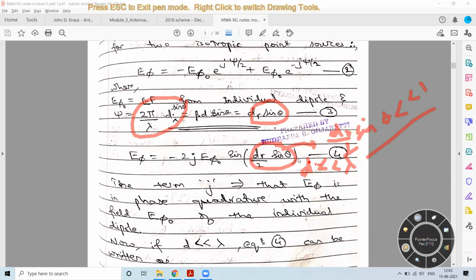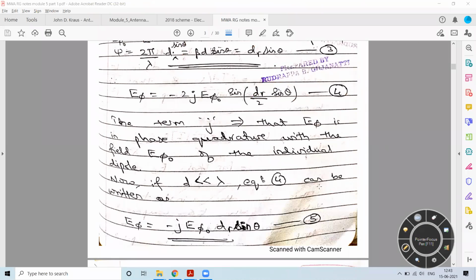It will be very small. Therefore this sine parameter will be nearly equal to dr by 2 sine theta.